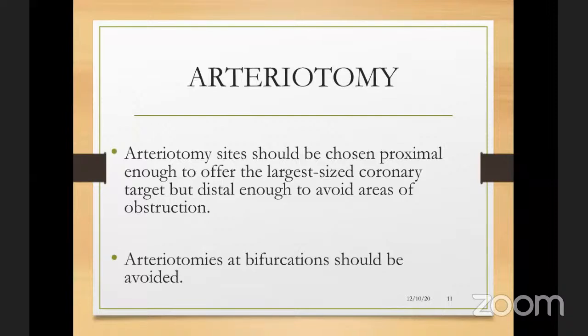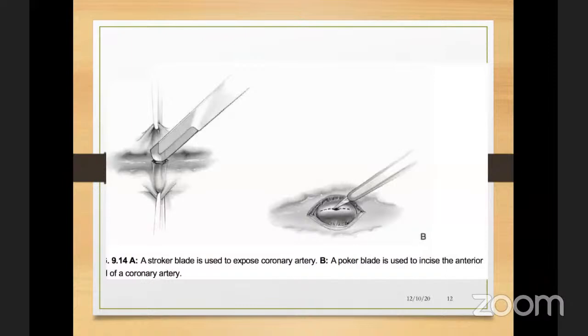The arteriotomy site should be chosen proximal enough to offer the largest size of the coronary artery target, but distal enough to avoid the area of obstructing lesion, and it should be avoided at the bifurcation site.